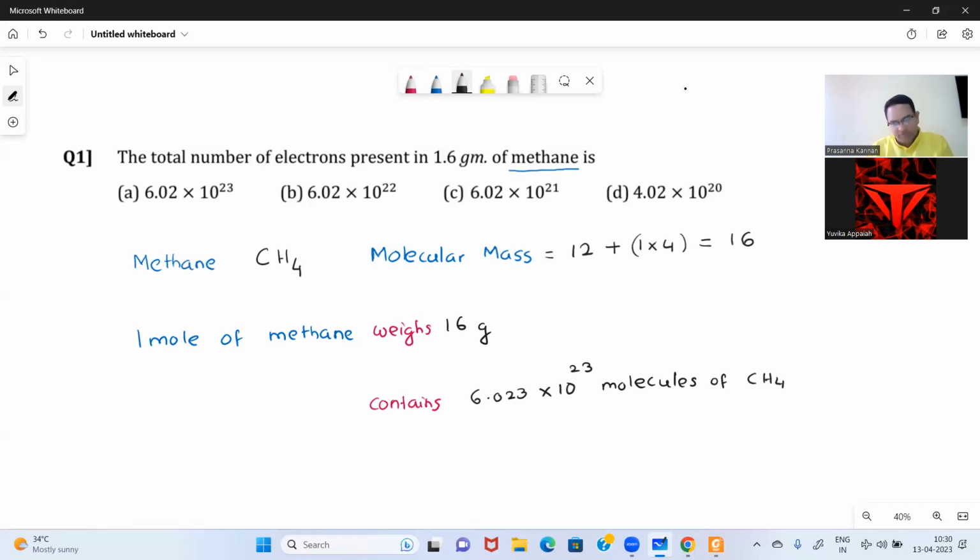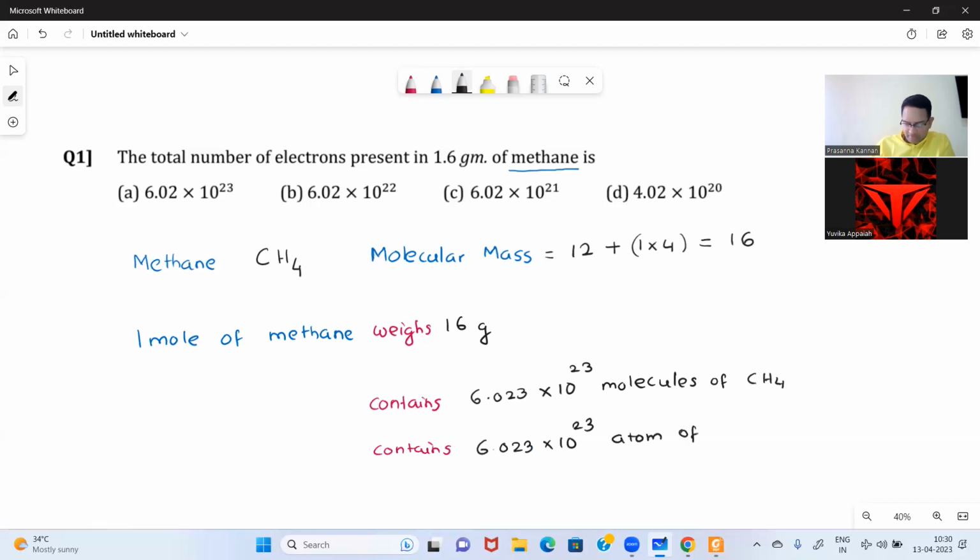Now, how many atoms of carbon, Viveka? So it contains 1 into 6.02. Excellent, Viveka. So it contains 6.023 into 10 power 23 atoms of carbon.